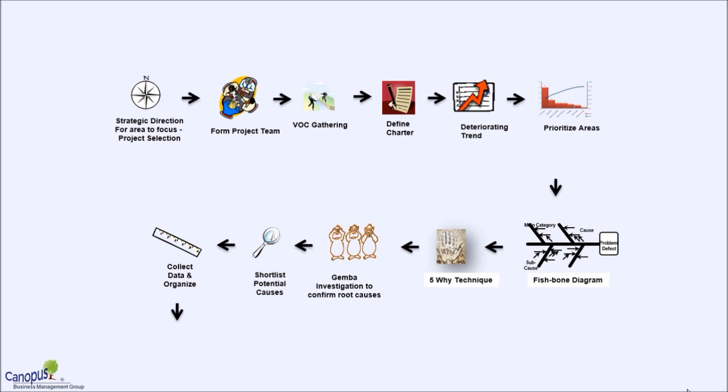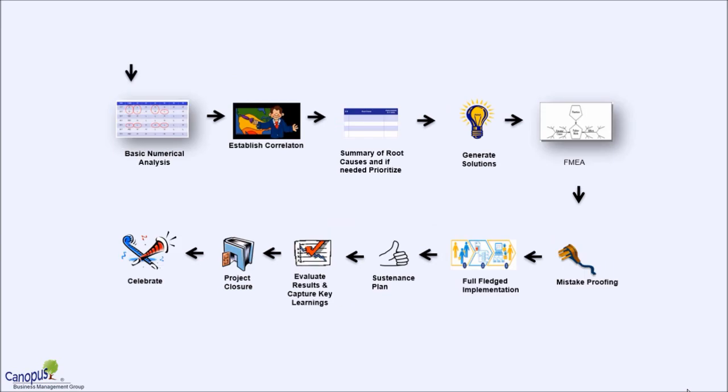Collect your data, organize that data, and once you have done that, you will be able to do some basic numerical analysis as to which aspects of the data evidently have a causation to the problem. Following this, you will be able to run analytical tools such as correlation and regression.